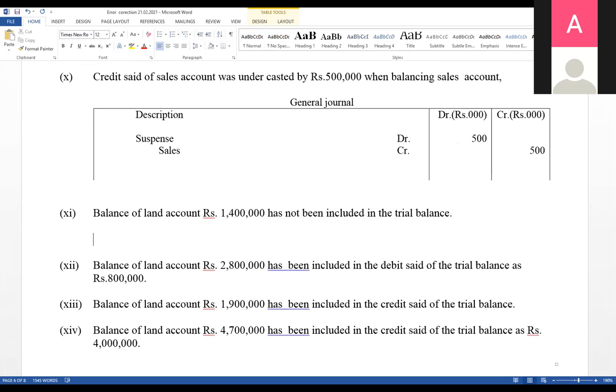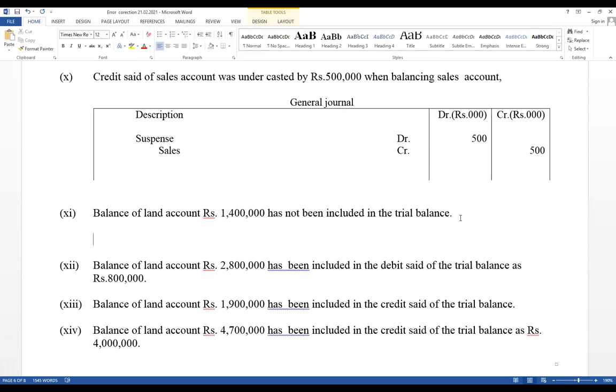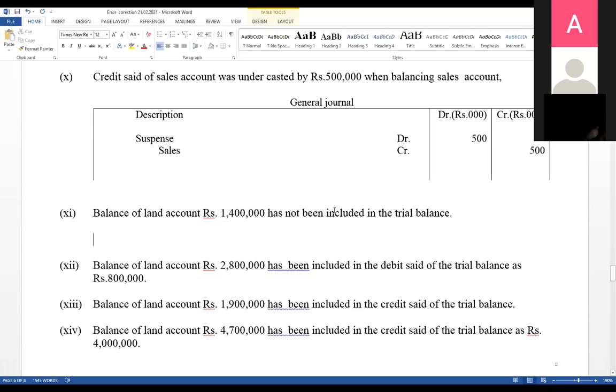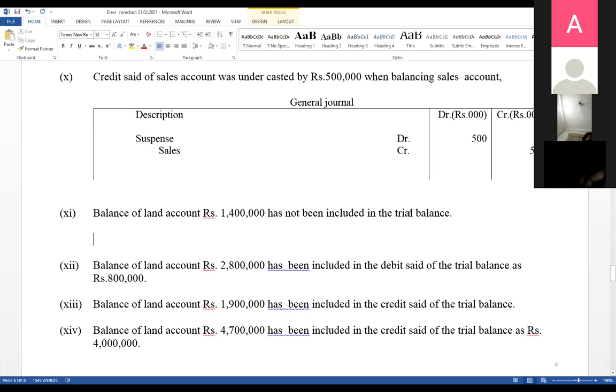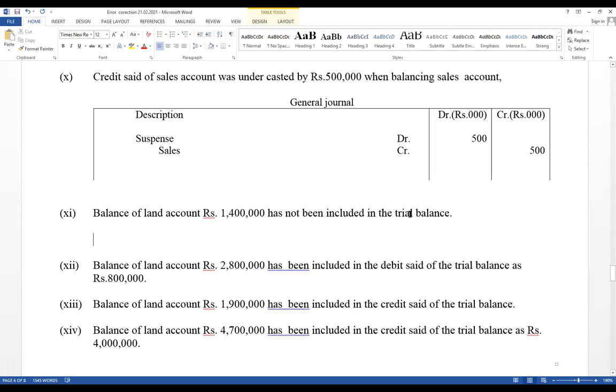Think what would be the answer. The 11th one, read carefully. Balance of land account 1400 has not been included in the trial balance. If errors occur when preparing the trial balance, those definitely affect suspense.